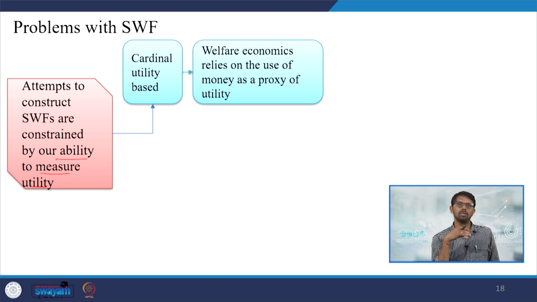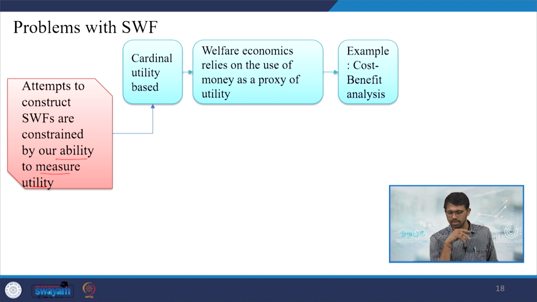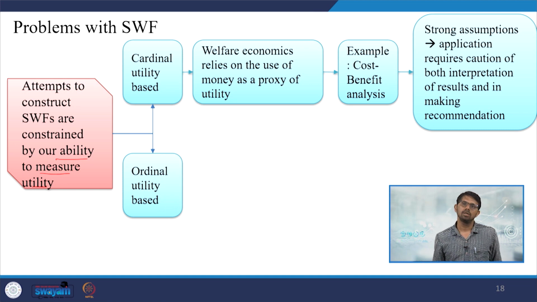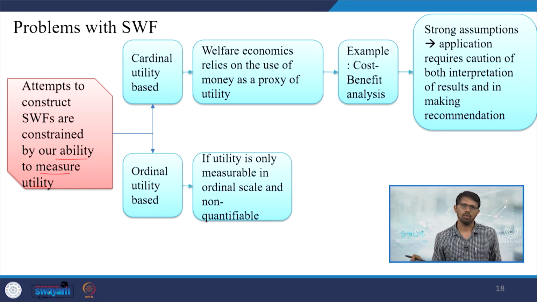In the cardinal one, welfare economics relies on the use of money as a proxy of utility, and there are some examples where cost benefit analysis is also used to explain this. There are strong assumptions as well, such that application requires caution in both interpretation of results and in making a recommendation. Whereas in the case of the ordinal one, we are able to compare.